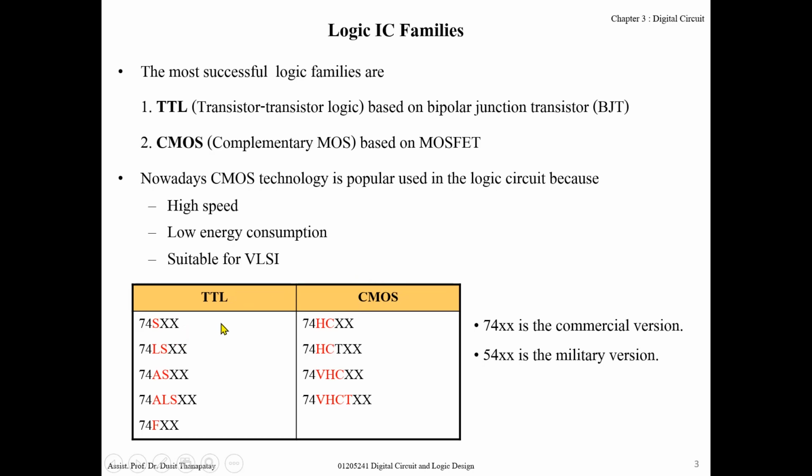For example, for TTL, the logic family part numbers normally begin with 74, followed by XX as a number, maybe 0001. For CMOS, maybe HC, VHC. These show the speed or power consumption of the IC.